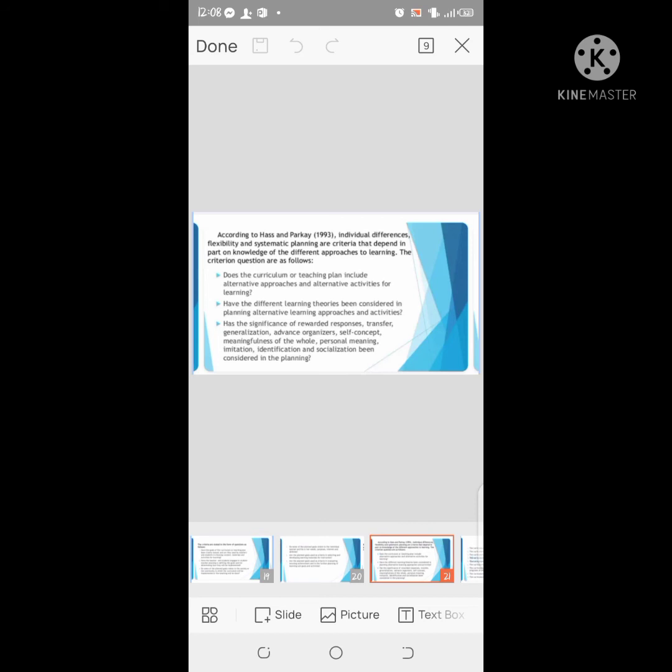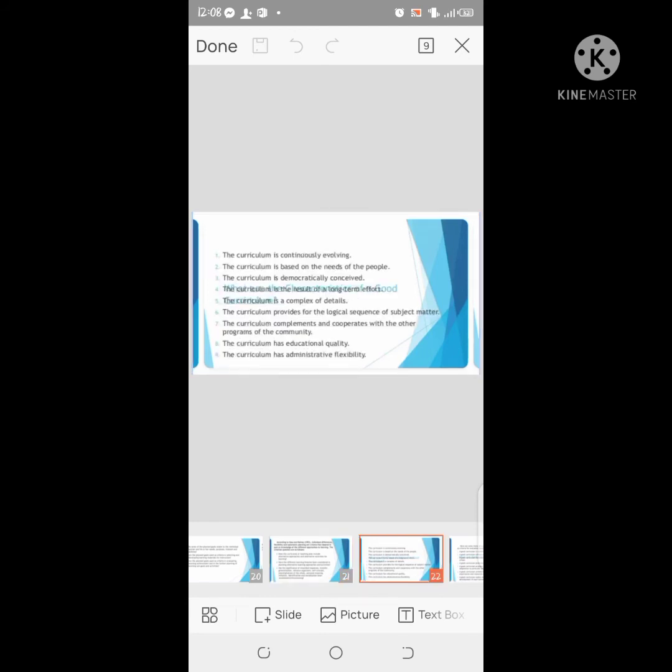Has the significance of rewarded responses, transfers, generalization, advanced organizers, self-concept, meaningfulness of the whole, personal meaning, imitation, identification, and social being considered in the planning?